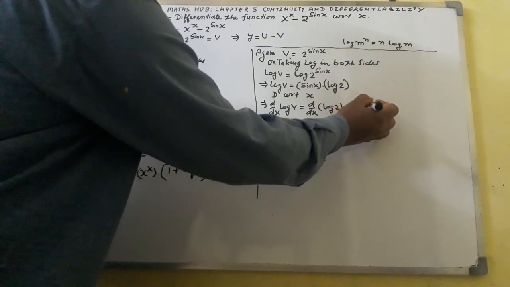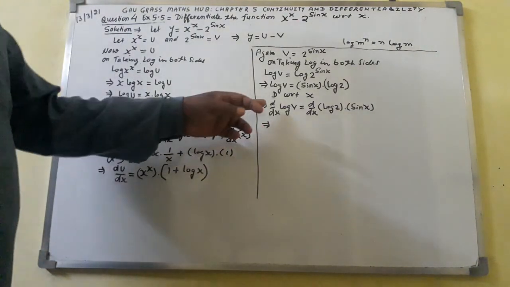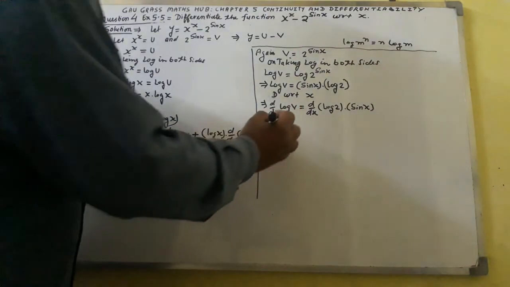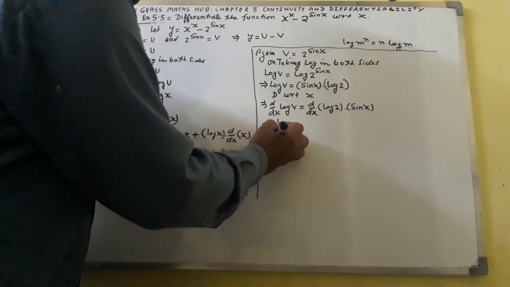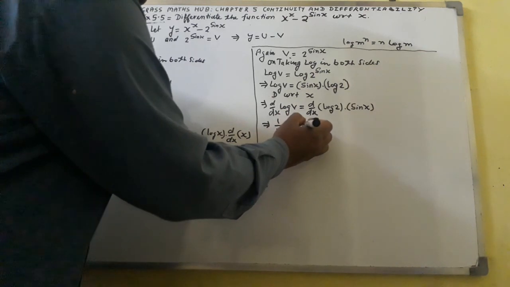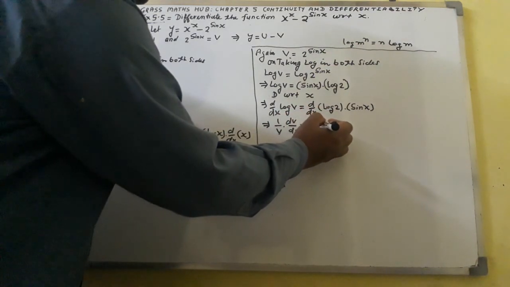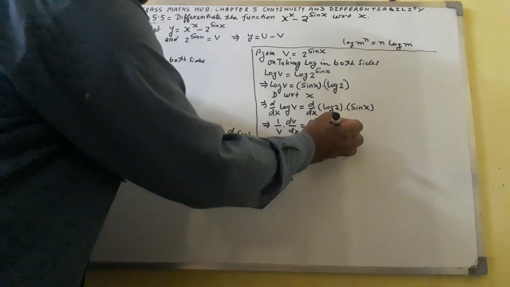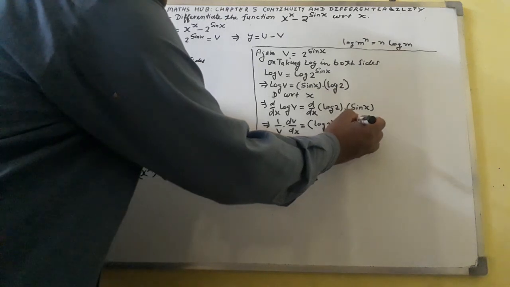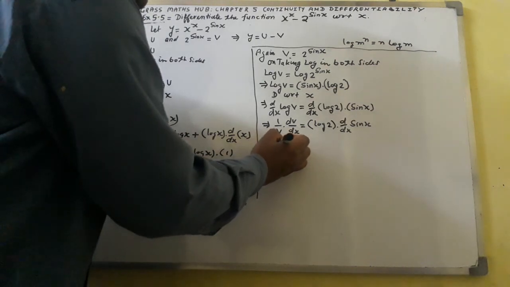Imply that d over dx of log v, we shall get 1 over v dot dv over dx, and here log 2 is constant, and d over dx of sin x comes out to be cos x.